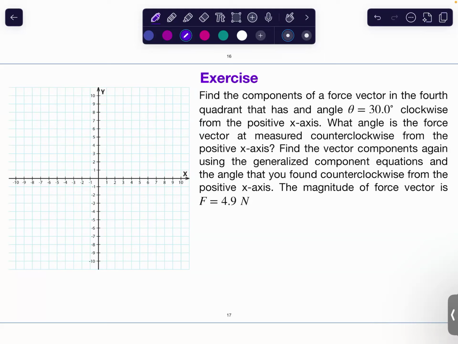Why did it give me something weird? You're looking at this direction.